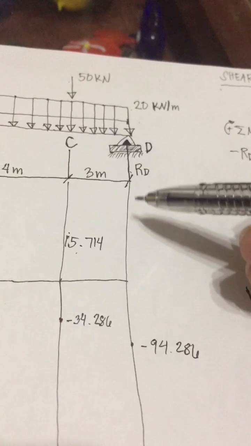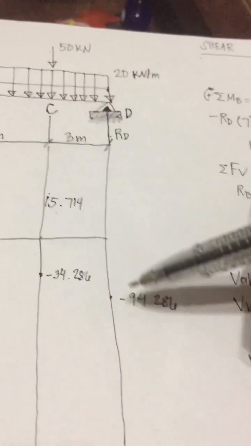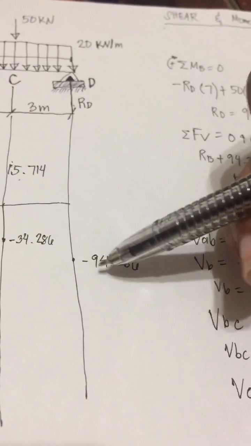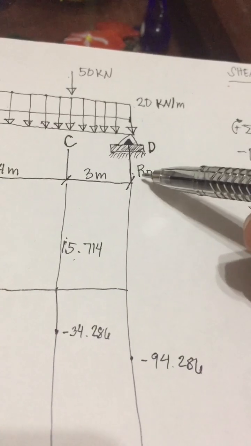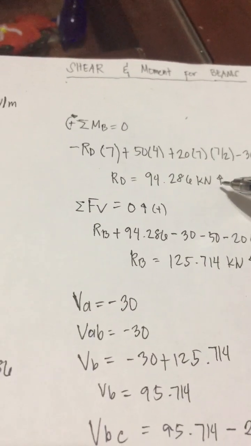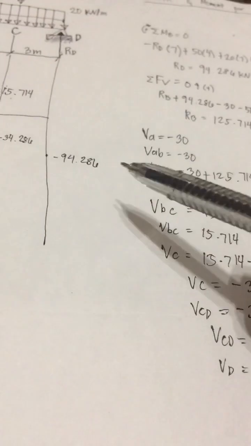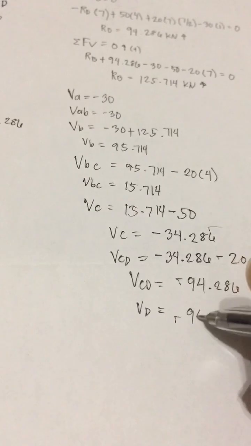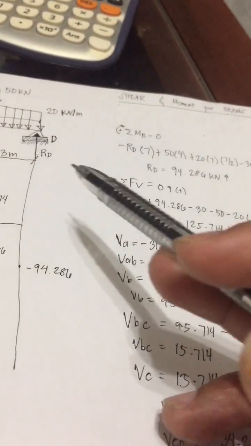Since we have the value for our shear load from C to D, which is negative 94.286, and of course the value for our reactive force RD, which is 94.286 kilonewton going upward, so since it is positive, we can formulate an equation for our shear load: negative 94.286 plus our reactive force, 94.286 kilonewton.